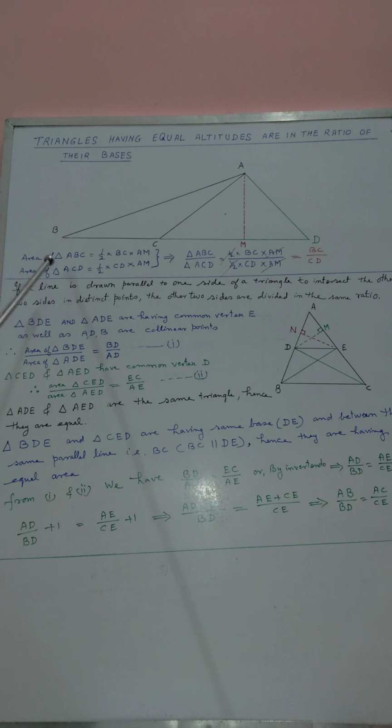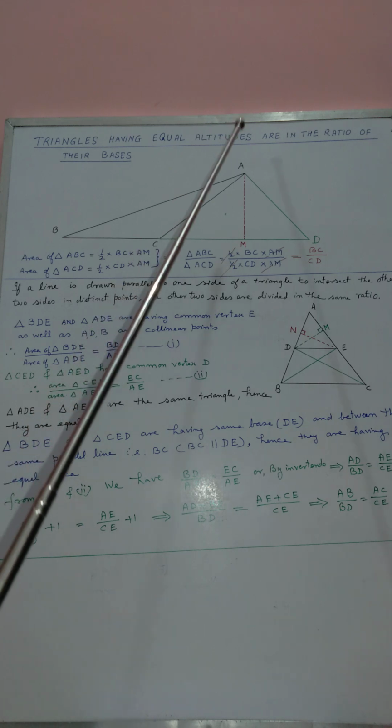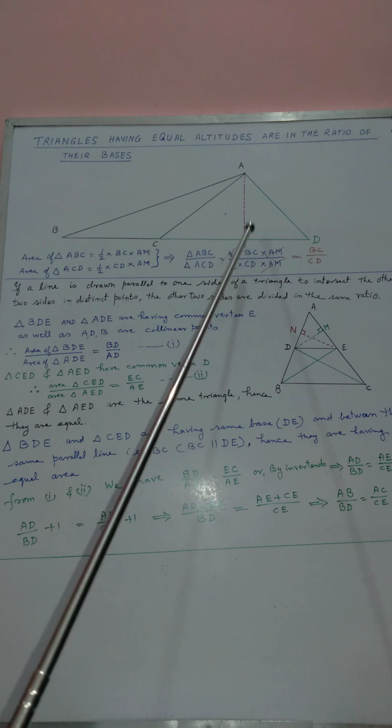You see, the area of the triangle ABC will be equal to 1 by 2 into BC into AM, and the area of ACD is equal to 1 by 2 of CD into AM. In both cases the altitudes are the same.